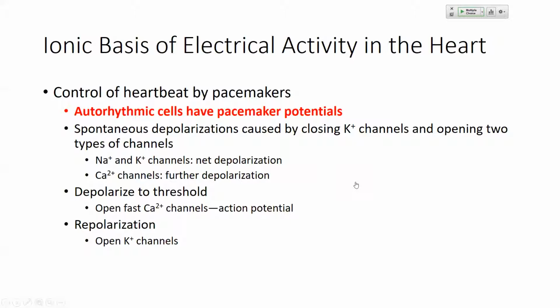So that is to say, if we increase the permeability of sodium or calcium, we're going to increase the membrane potential. The membrane potential will become more positive. We're going to approach depolarization. We're going to approach action potential. If we increase the permeability to potassium, we're going to decrease the membrane potential.